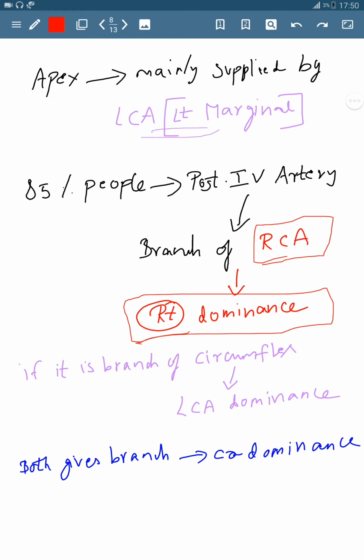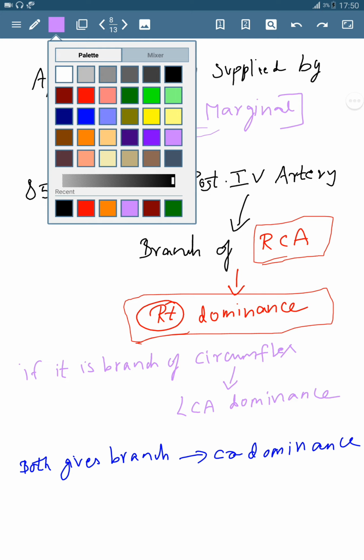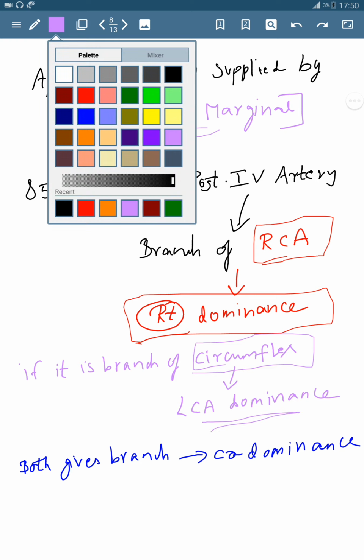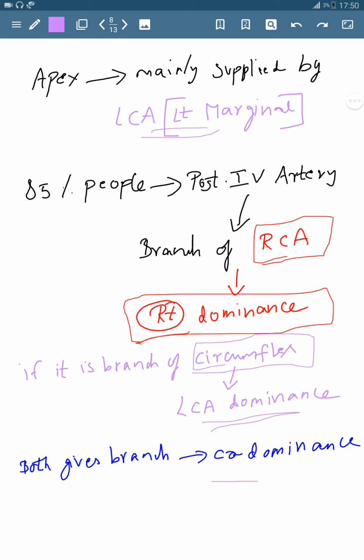But in some people, if it is a branch of the circumflex artery, then it will be LCA dominance. If both are giving branches to the apex, then it is co-dominance. Right dominance, left dominance and co-dominance.